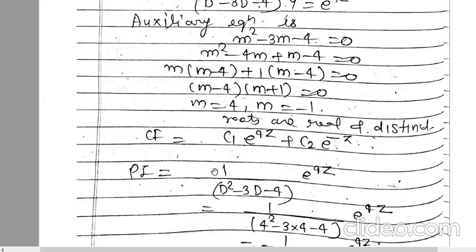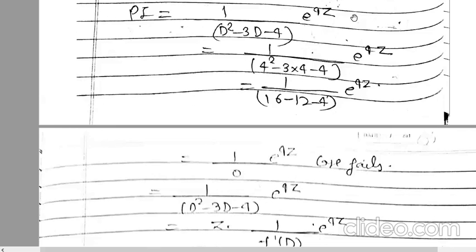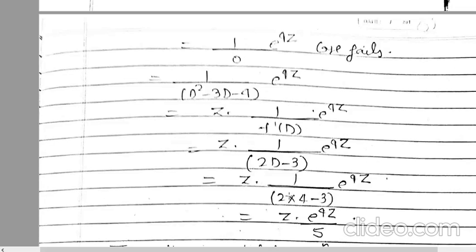And for the PI, 1 upon D square minus 3D minus 4 of e to the power 4z. When you apply case 1 here, the case fails and you are getting 1 by 0. That means the case fails. And if the case fails, then what will you do? Multiply by z and differentiate the denominator with respect to D, then put D is equal to a.